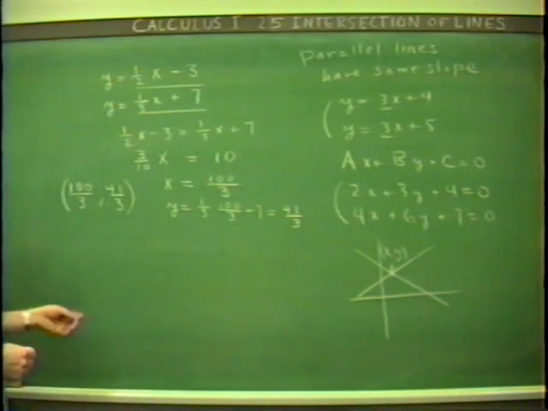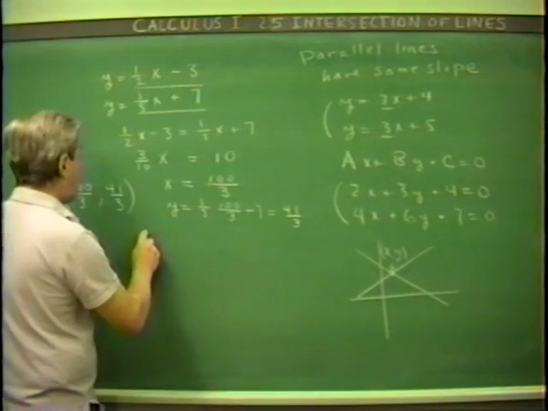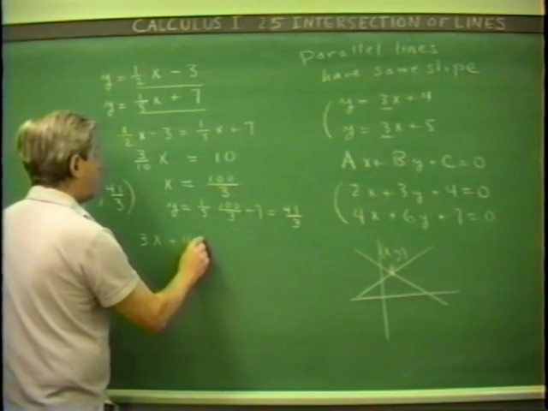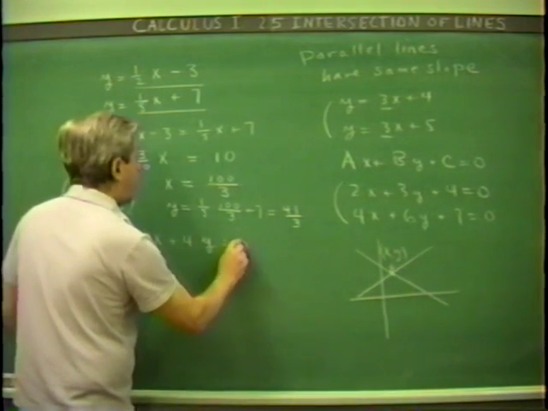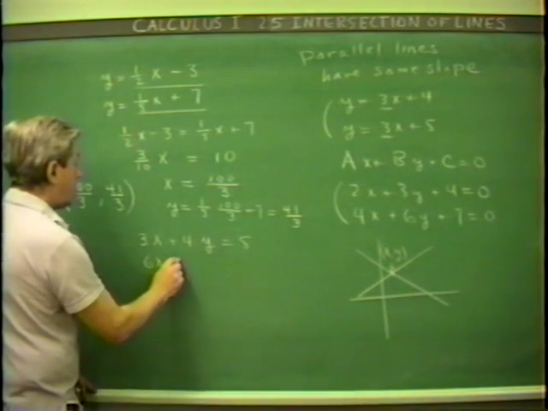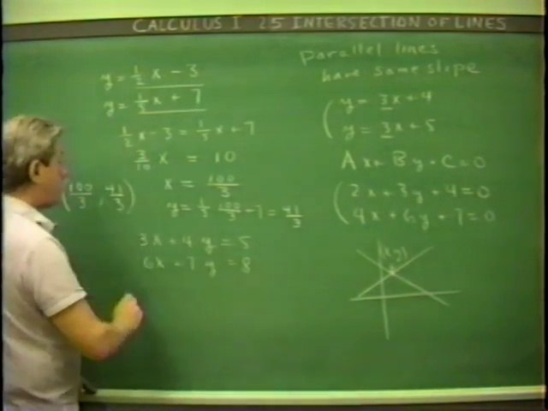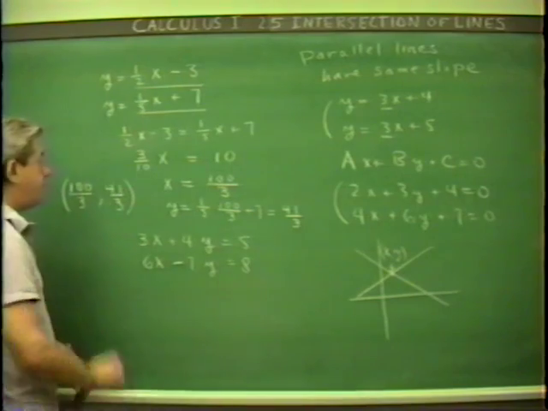Let's look at the other form. Suppose we have two lines like this: 3x plus 4y equals 5, and 6x plus 7y is equal to 8. Oh, let's make this minus 7y.